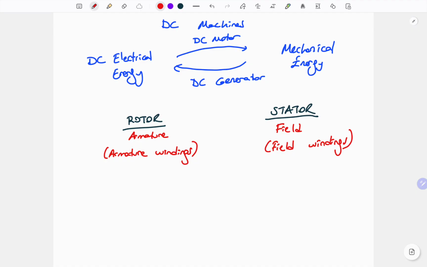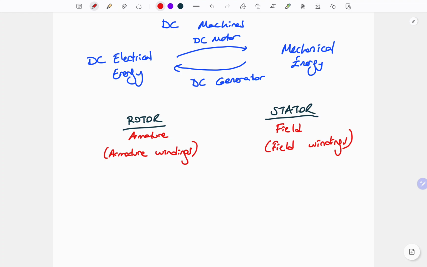As we discussed in the induction motor, we have two parts, rotor and stator, and between them we have an air gap to transfer the magnetic field. We have a similar construction in the DC machines, but with additional names for the rotor part and the stator part, especially when talking about an excitation inside the machine to induce a voltage.